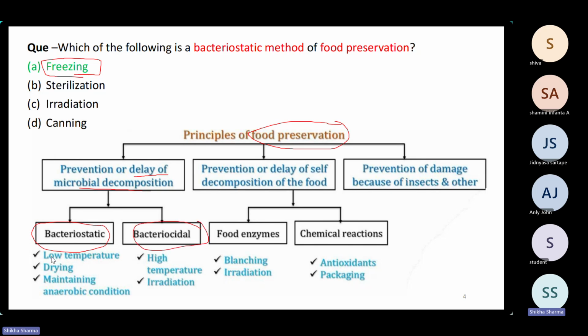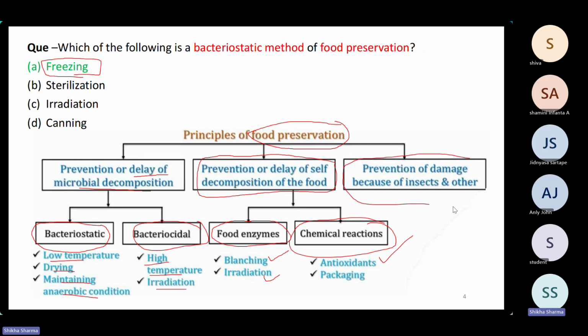Bacteriostatic includes low temperature, drying and maintaining anaerobic conditions, whereas bactericidal includes high temperature processing methods and irradiation. And in terms of the prevention or delay of decomposition of the food itself, it can be based on food enzymes, like methods deactivating the food enzymes such as blanching and irradiation, and chemical reactions, which include antioxidants and packaging methods.